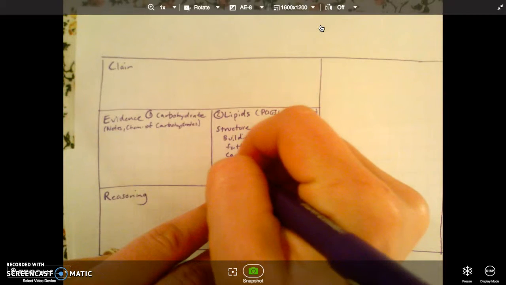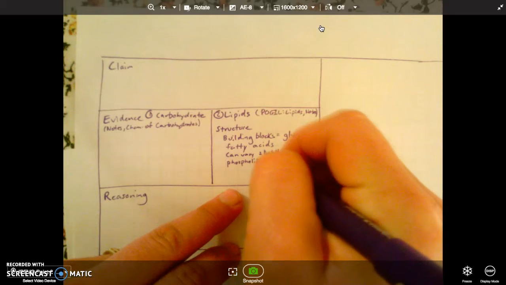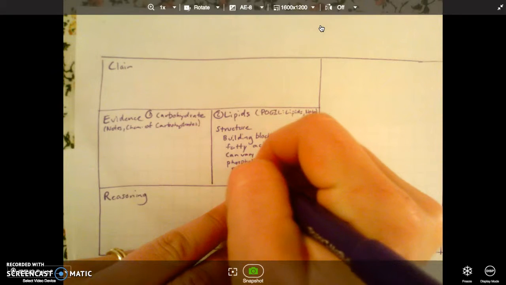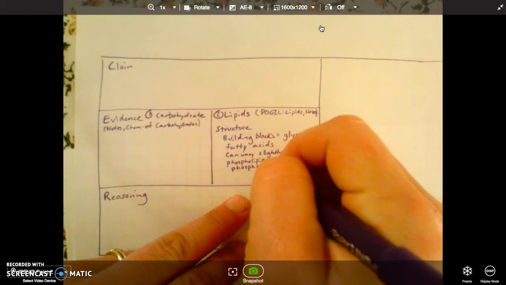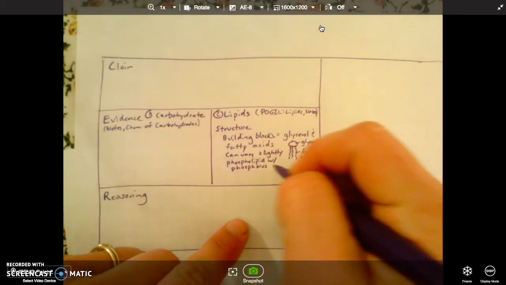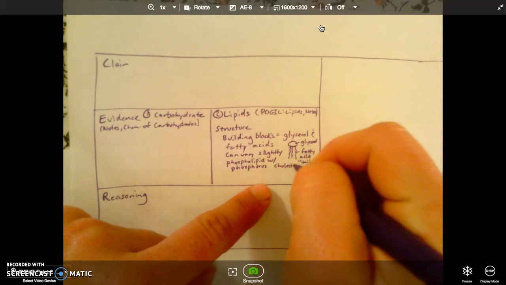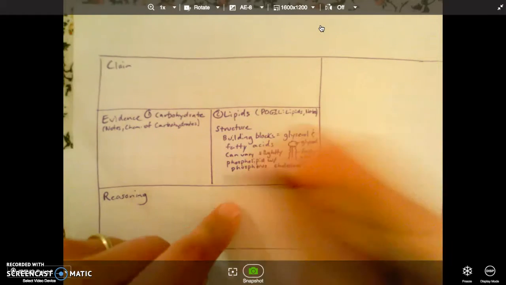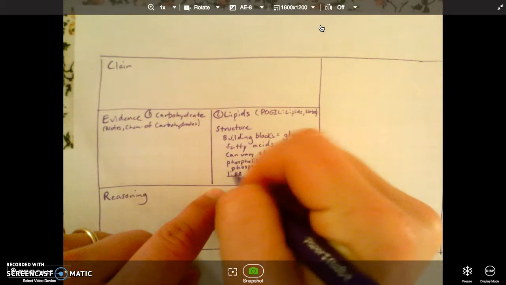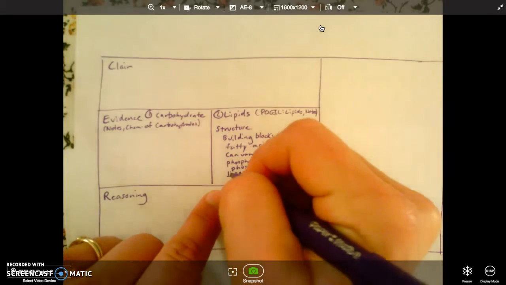So we could have a phospholipid with phosphorus, I'm just using abbreviations. Or we could have a cholesterol, which is a lipoprotein. So it's actually a combination of a lipid and a protein. So we have those two things, okay?